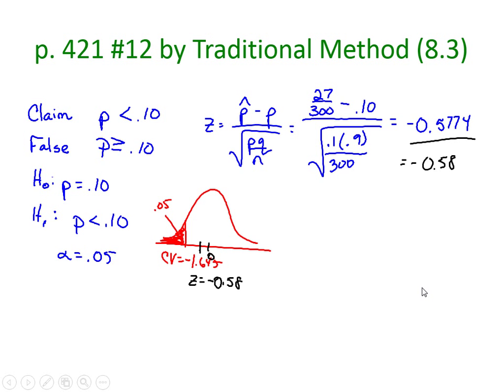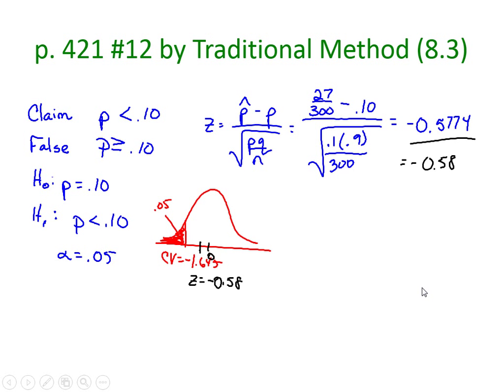Is it so far off that I have to reject the null hypothesis? Is it that extreme, only in the lower 5%? No. This could happen by chance, could happen sometimes more than just 5% of the time. This could just randomly happen by chance.